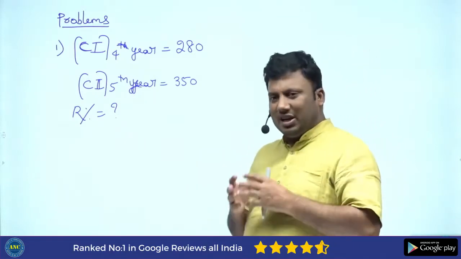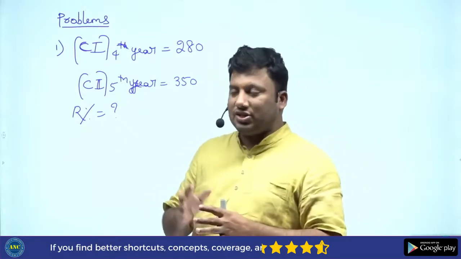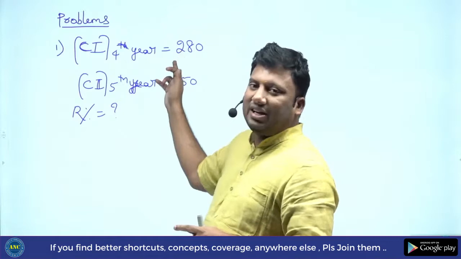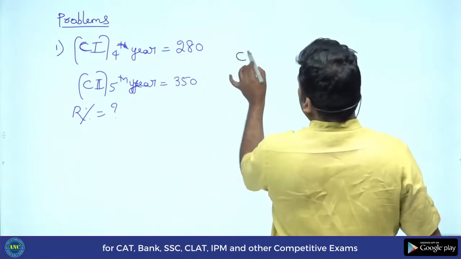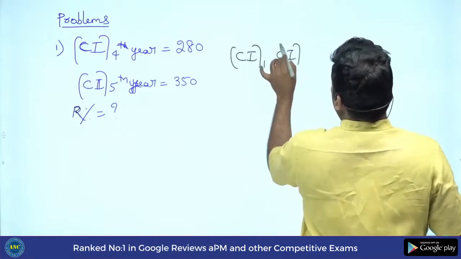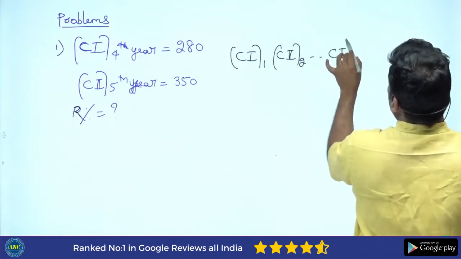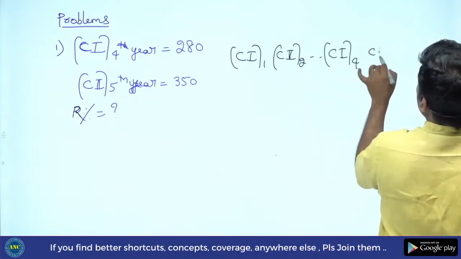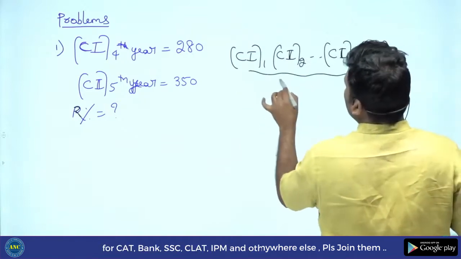Find R percentage. Most teachers who do not have a good understanding of the concept will take it as the initial value and final value. What is the concept that we have seen? CI1, CI2, CI4 and CI5. CI for a particular year, they are all in which progression?